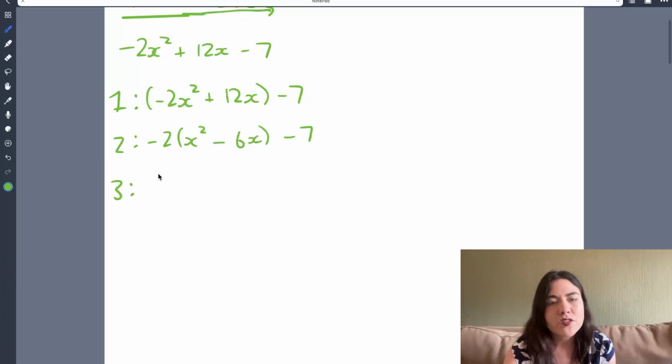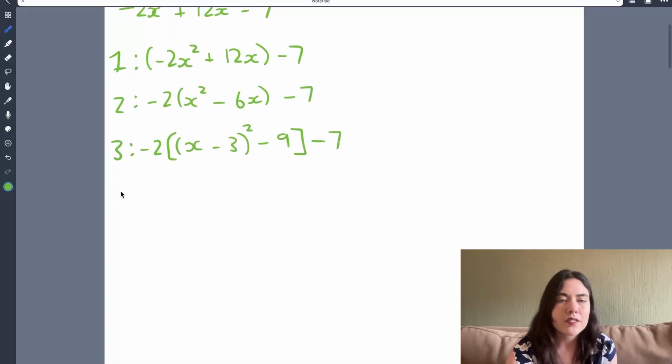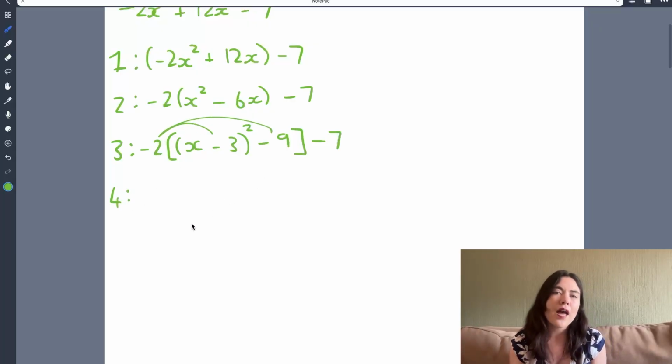Now we complete the square, which is very much the same as any other version we've done. So we take away an x, divide the number by 2, square the bracket, minus the square of the new number, and write that 7 on the end. Now we are going to expand the bracket. So double things we have to think about. Make sure we're multiplying that second number by the negative and the 2 this time.